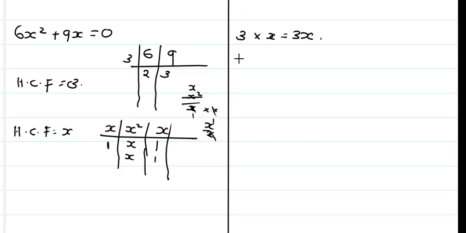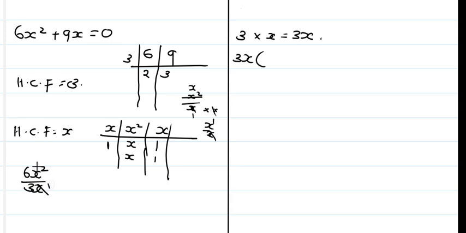From there, I come back to my equation and check what I can divide 6x squared by, so that once I multiply that value by 3x, I get 6x squared again. Take 6x squared and divide by 3x. Very simple.